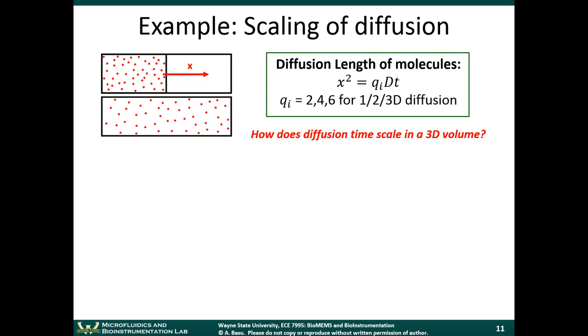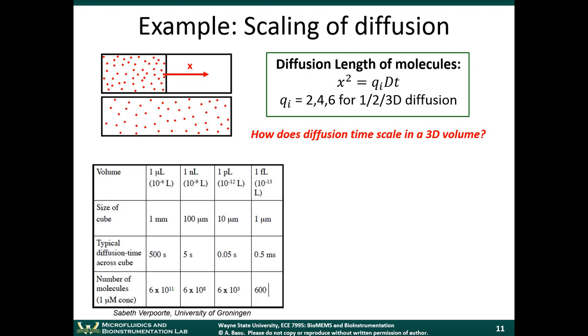The smaller we make our container, the faster mixing by diffusion happens. Right? We may not even have to actively mix. If the size scale is very small, the mixing can happen just by diffusion. So this has some important implications.